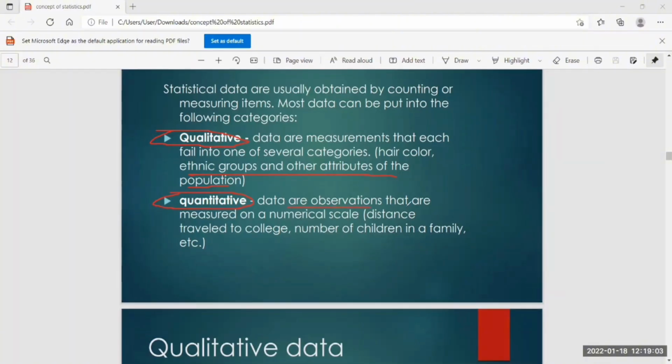Quantitative data are observations that are measured on a numerical scale, such as the number of children in a family. So that's also quantitative data. That's a measurement. Qualitative data usually has a case study. A case study is a qualitative design.